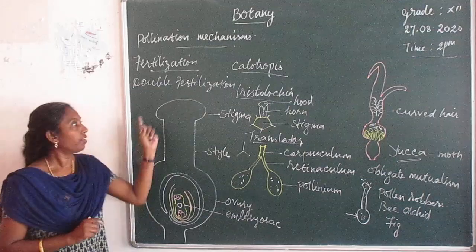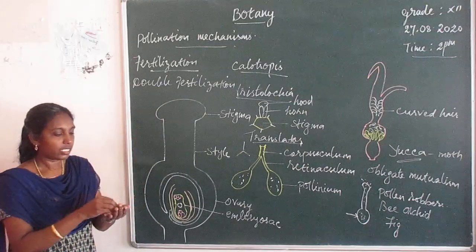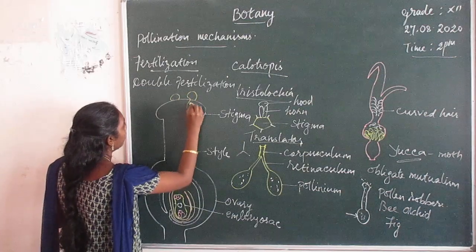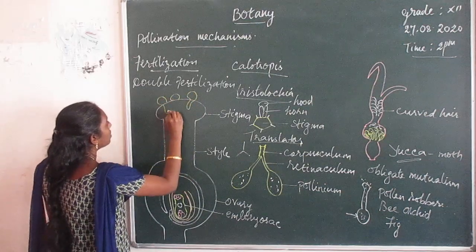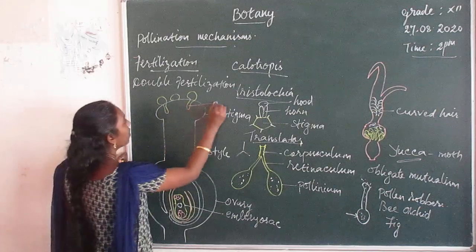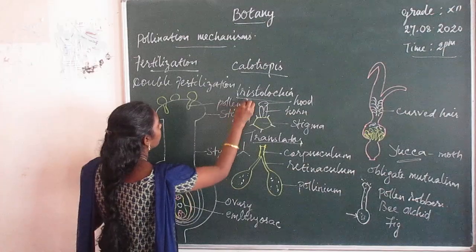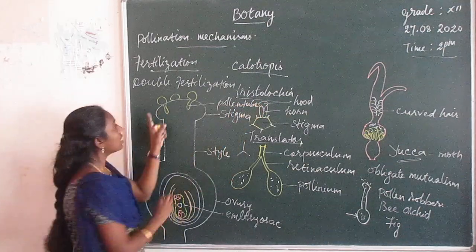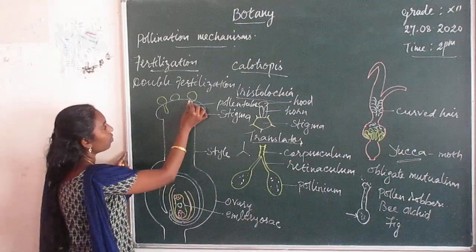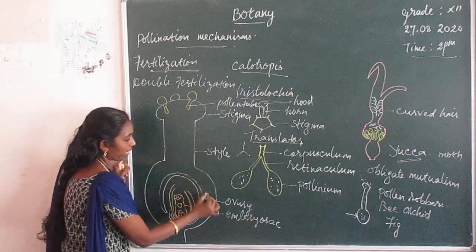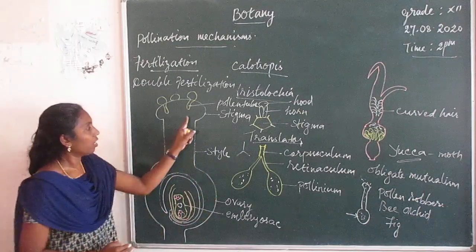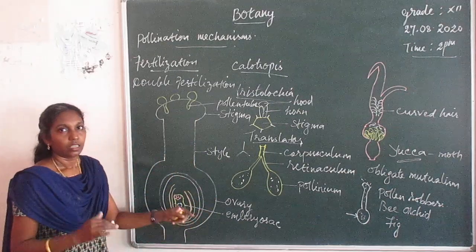Events of fertilization. At first, the pollen grains are dusted on the stigmatic surface and develop the pollen tube. Next is the elongation, or growth, of the pollen tube along the style.